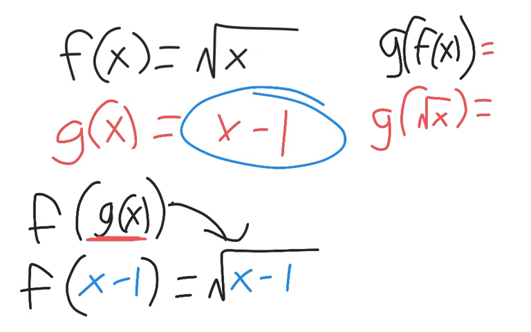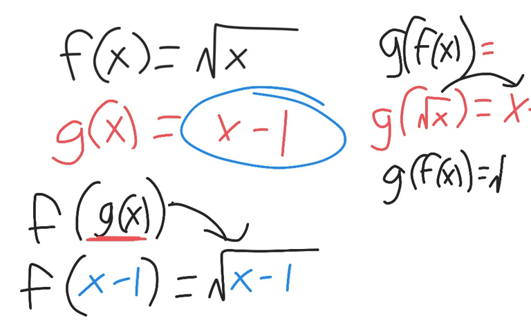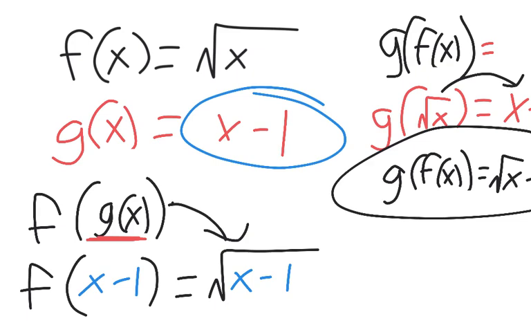And so everywhere there used to just be an x, now I'm going to plug in the square root of x. So g of f of x would equal the square root of x minus 1. Act like it was just plugging in any other number.